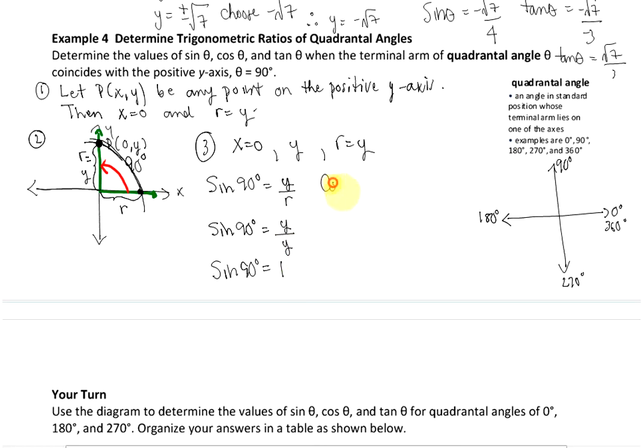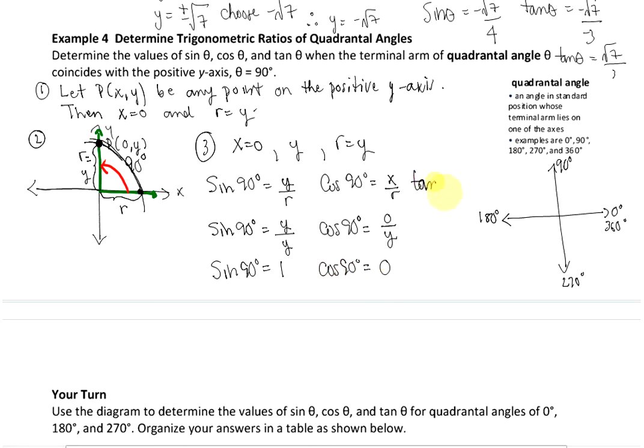Okay, so now cos of 90 degrees. We know that that is x over r. And we know that x on the y-axis is 0, so 0 over, we know that r is y, so we'll put 0 over y. And the cos of 90 degrees then is 0 over y, which is 0.